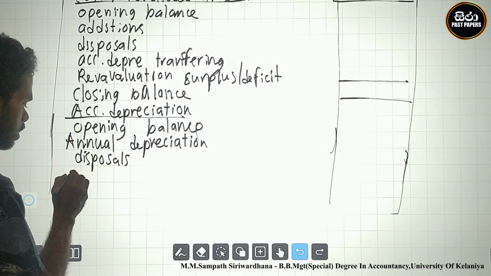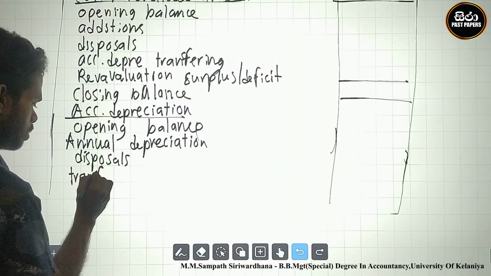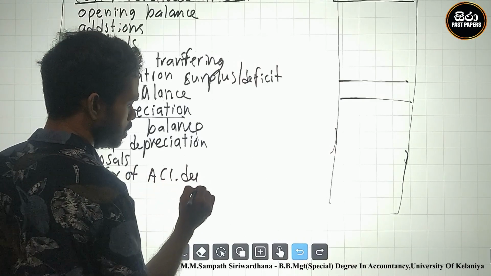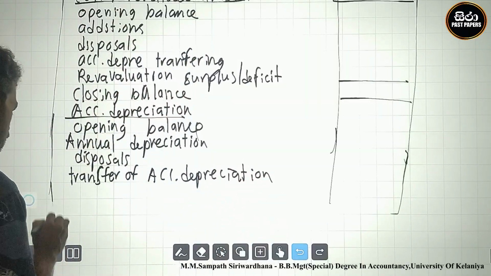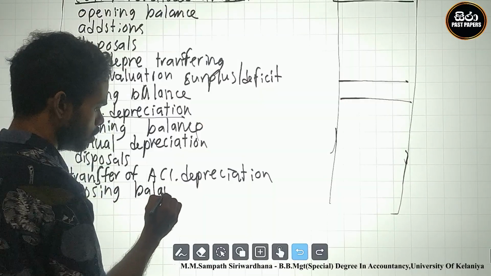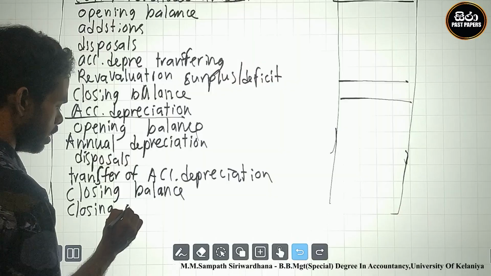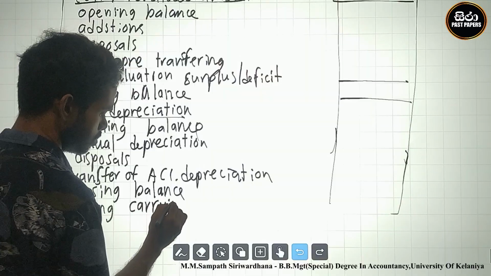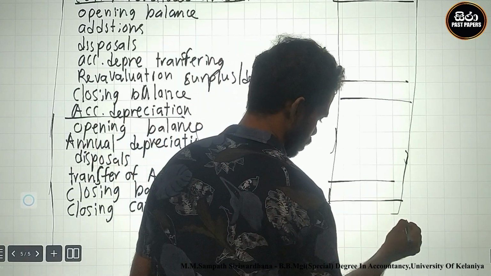After that we identified the transfer of accumulated depreciation. After that there is a closing balance. After that we identify the closing carrying value. Okay, this is the final one.